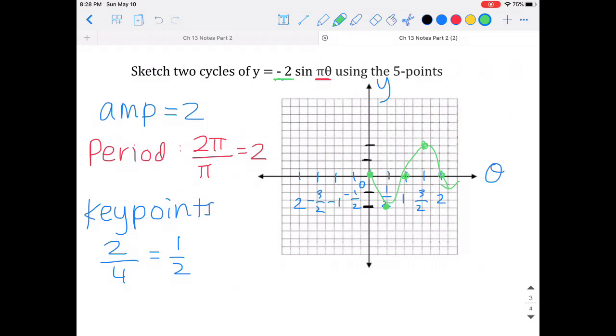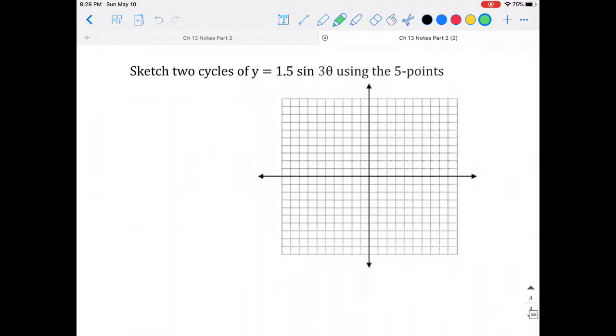So at negative 1/2, we're at the max, which is positive 2. Then we go back to 0, down to the minimum, and back to 0. So the left side of our graph looks like this, and those are 2 full cycles of y equals negative 2 sine pi theta.